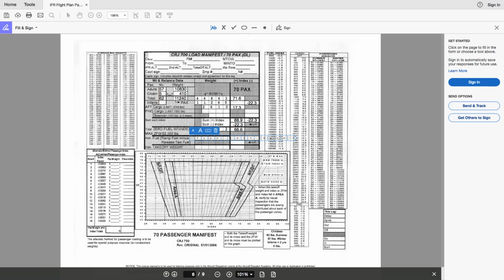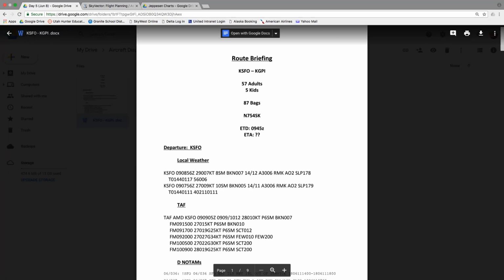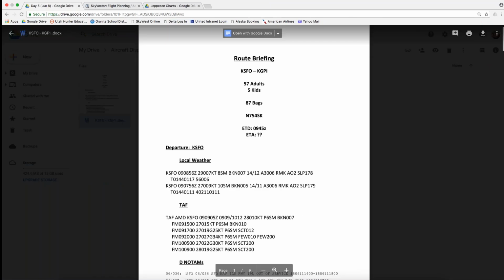So ramp is Minto plus taxi fuel. Okay. What comprises Minto? Burn, alternate, reserve, and hold fuel, we add them together. 2,500 pounds is our reserve fuel.